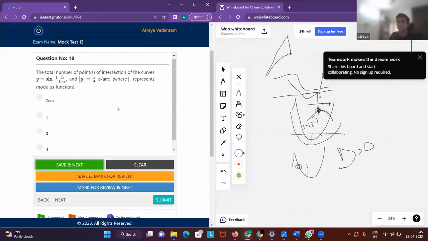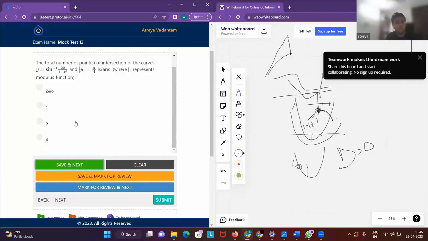Otherwise, it's going to be minus root 2 plus or minus 1, which means that there are actually 4 values. Yeah, so an interesting thing to worry about here is that we have to worry about extraneous solutions. So no, not really, because the way we have solved the equation itself, we assumed that 2x by 1 plus x squared is plus or minus 1 by root 2. So there's no problem here.